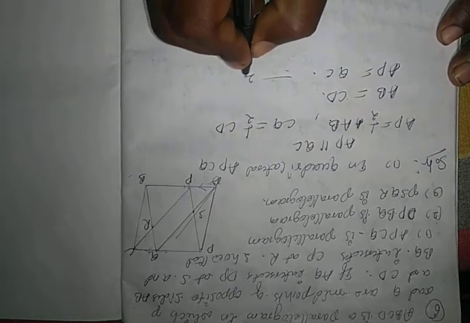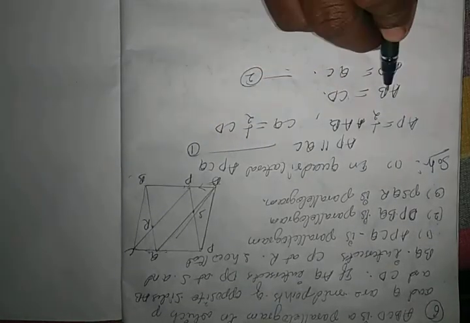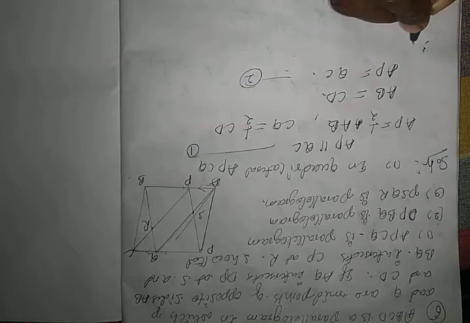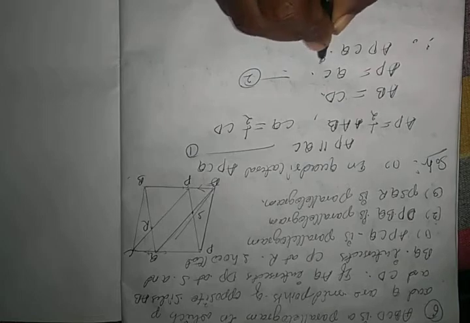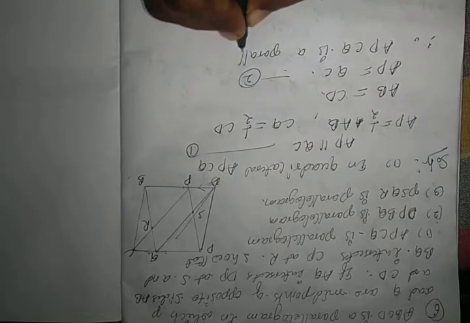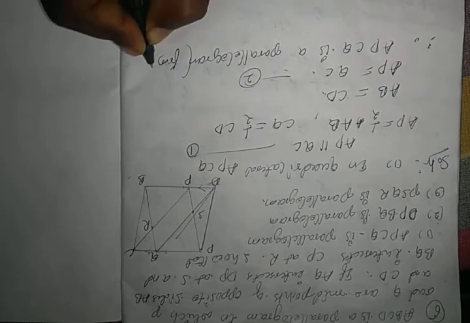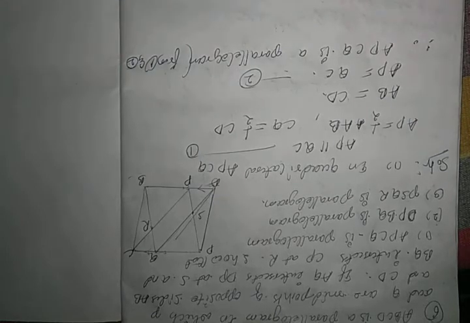So this is equation number 2 and this is equation number 1. It is because AB is equal to CD, by using the axiom that subtraction from equals gives equals. That is the concept. Therefore APCQ is a parallelogram, because from 1 and 2, and also theorem 7.8.